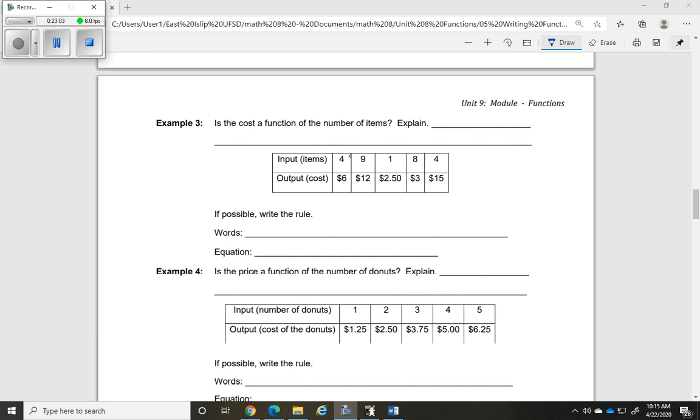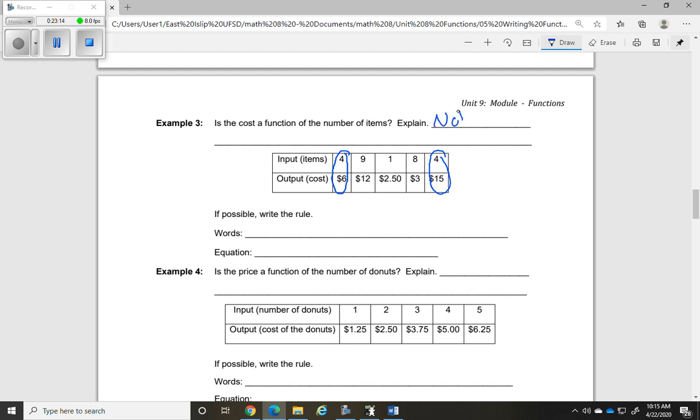And the answer is no, and it's right here. 4 items cost $6, but over here 4 items can cost $15, so no, it's not a function, because the input of 4 gives 2 outputs. So it says if possible, write the rule. It's not possible because it's not a function, so we're not going to write a rule for this.